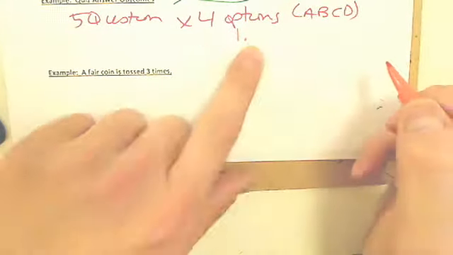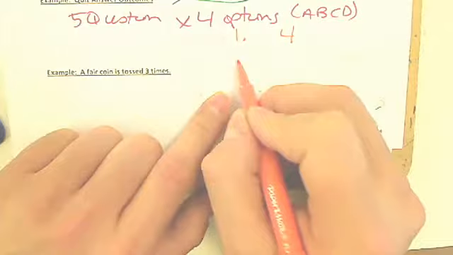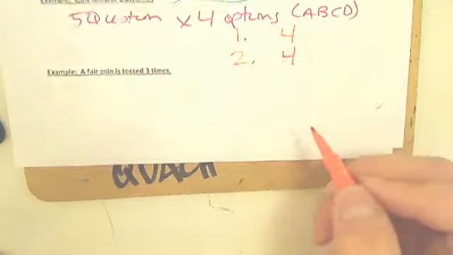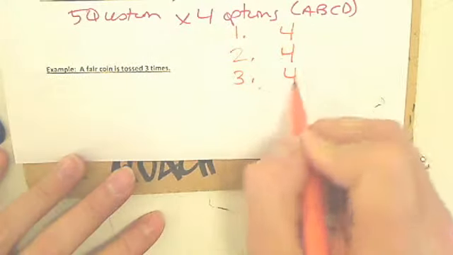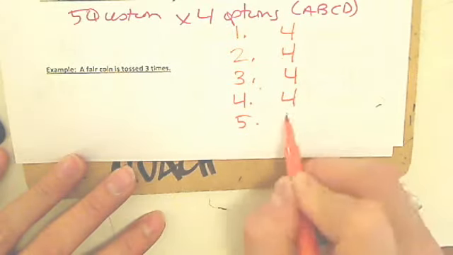Meaning, somebody will have A, all the way to D, D, D, D, D. For question number 1, how many options could I have? I could have 4. It could be all A, B, C, or D. How about number 2? Still 4, because it could be A and A. Question number 3, still 4 options. 4. And then the last question.